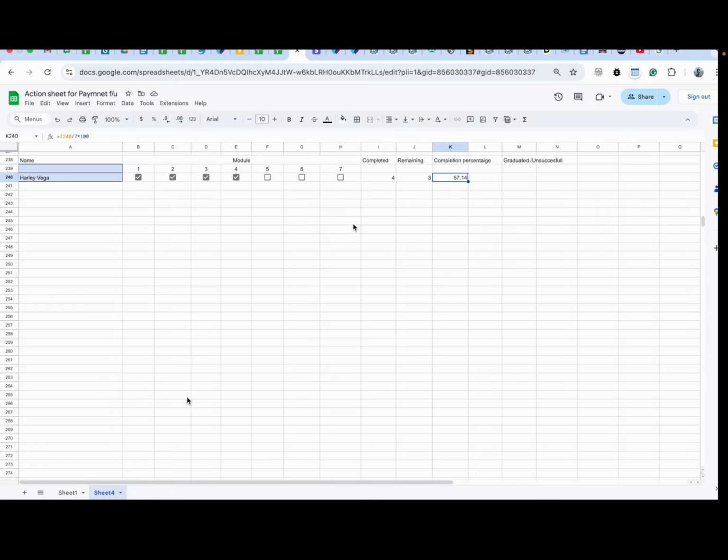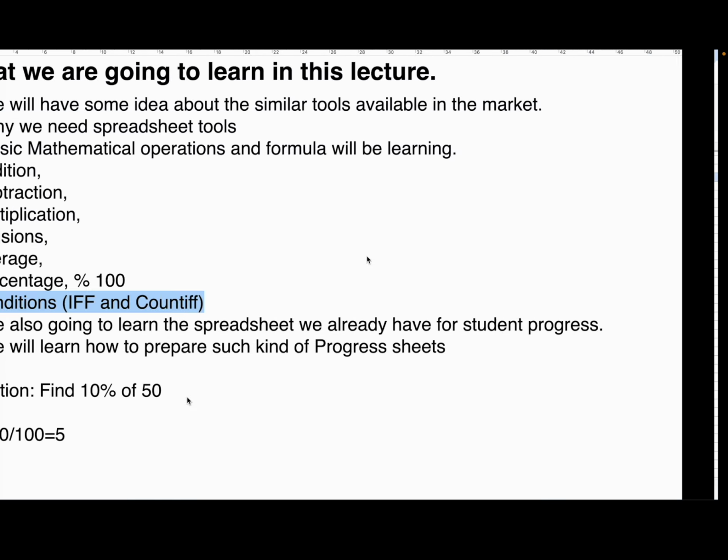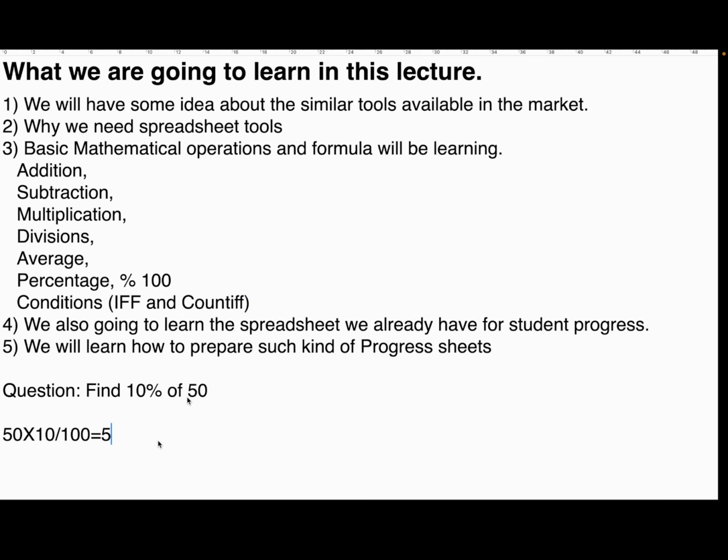So let me explain how we did it. In order to find the percentage of completion, the total completed modules are 4 out of 7.